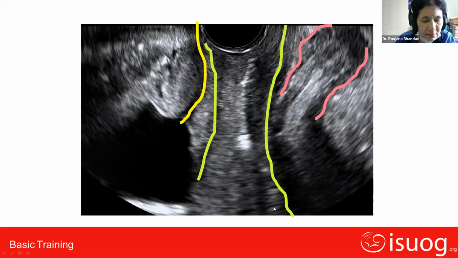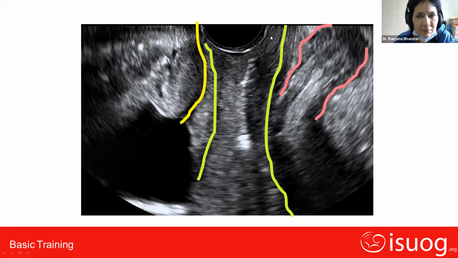That means the superior part of the organ is seen towards the lower part, and the inferior part of the organ will be seen in the upper part. This is what has to be imprinted in the mind. The right side has to be the anterior part, left side has to be the posterior part, all the superior parts will be in the lower part, and all the inferior, like the cervix, is in the upper part. So this is most important.